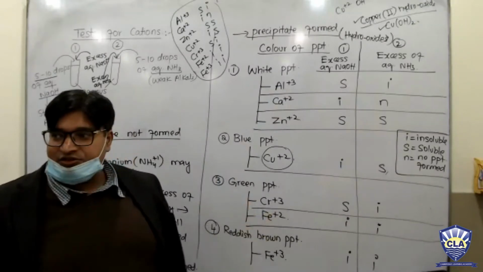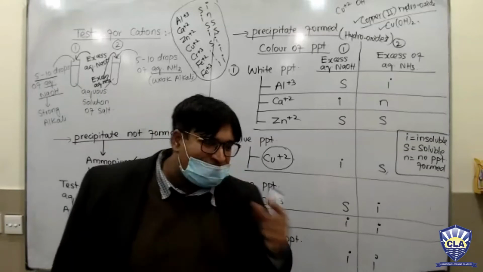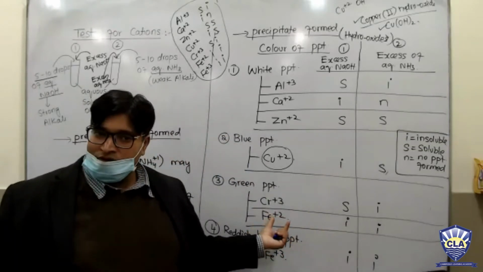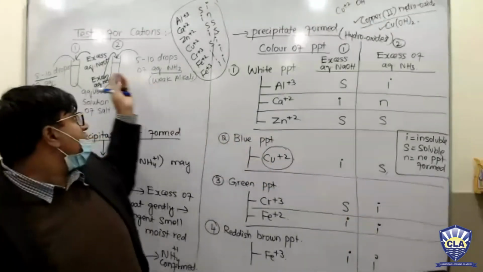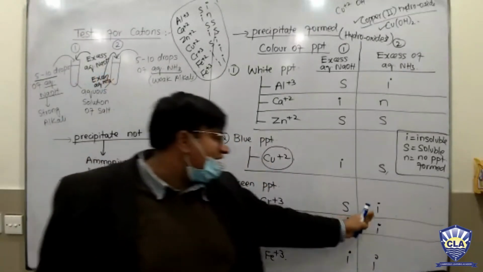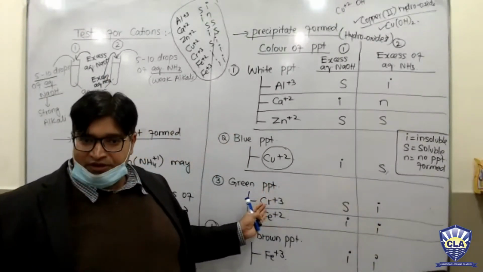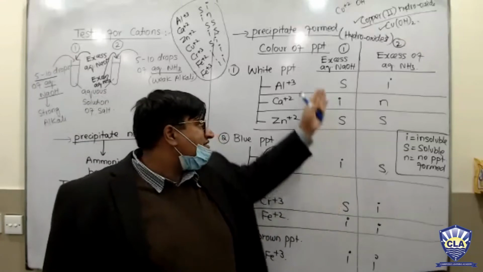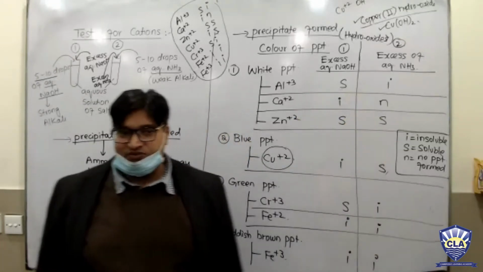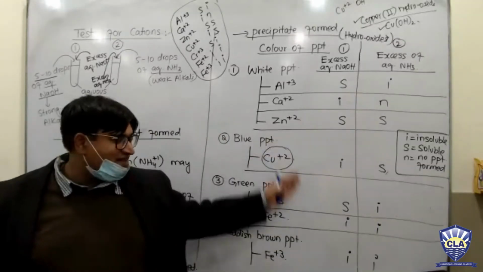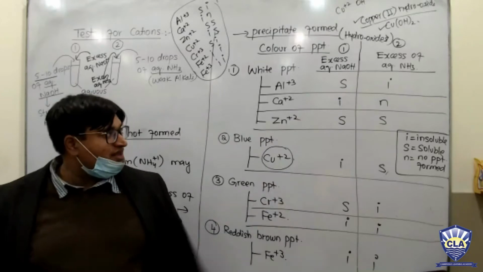So if I ask you to differentiate between the green precipitates: if the green precipitate is of iron 2, it is insoluble in excess of aqueous sodium hydroxide, and insoluble in excess of aqueous ammonia. But if the green precipitate is of chromium, it is soluble in excess of sodium hydroxide, but insoluble in excess of aqueous ammonia. You got it? Just like that, you can remember this whole thing.